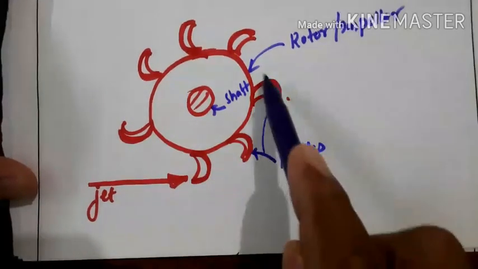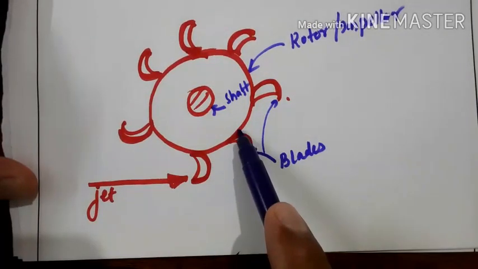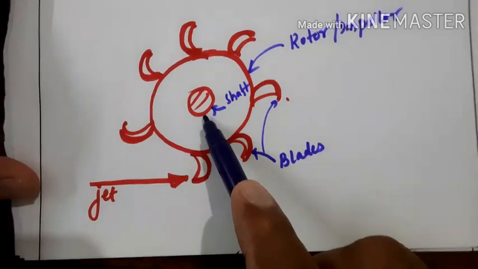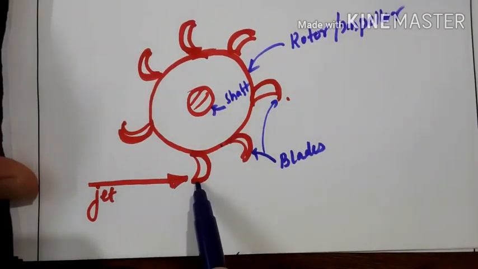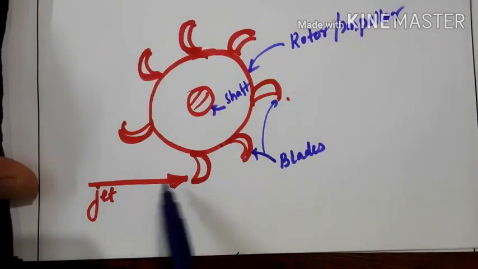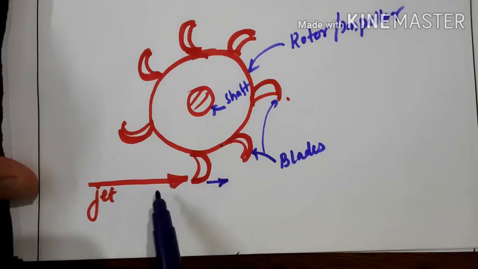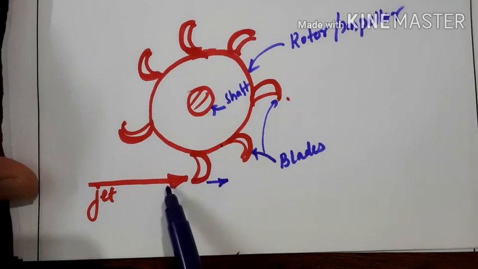These are the blades mounted on the impeller or rotor, and the impeller is in turn coupled with the shaft. When the jet strikes the vanes, the vane starts moving in the direction of the jet.